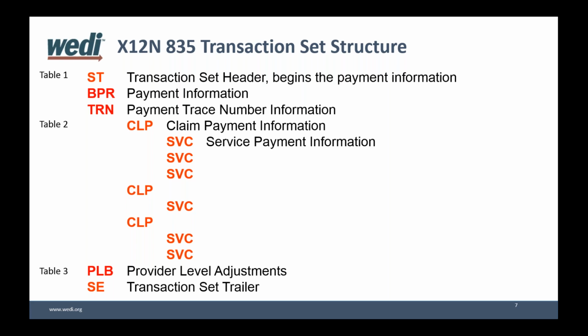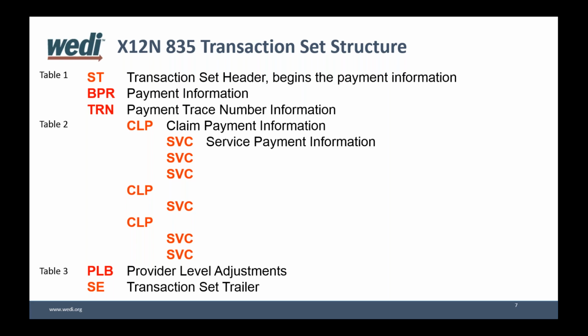Now within Table 2 is the individual claims. So a CLP segment is going to represent the total of the claim payment information. Underneath each of those CLPs will be the individual service lines, SVC segments. At the end of the listing of all the claim detail will be Table 3. It may or may not include a PLB segment.